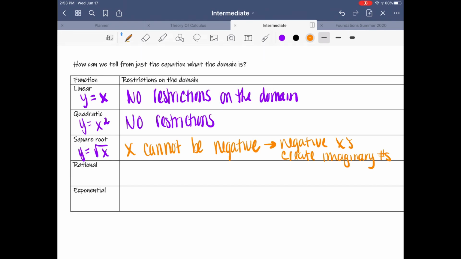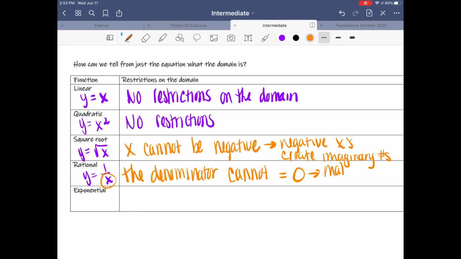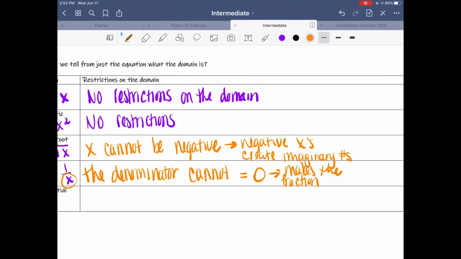So there were restrictions on a square root function because of the square root. And then a rational function, there were restrictions. The denominator cannot equal 0. It makes the fraction undefined.